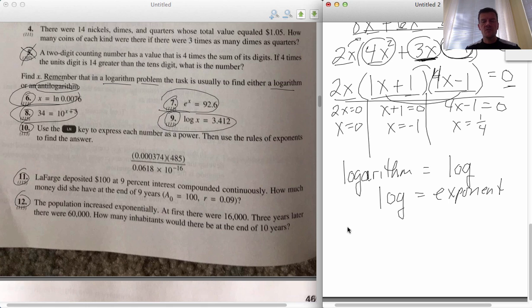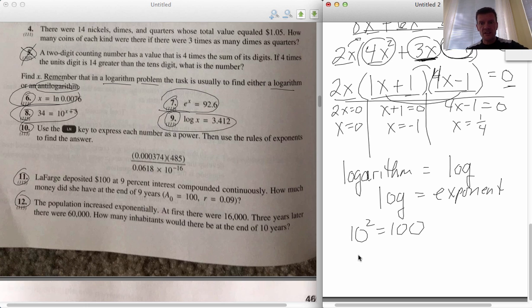If you write 10 squared equals 100, and I then ask, what exponent, what power of 10 gives me 100? I want to know what the exponent is. That's what log is all about.